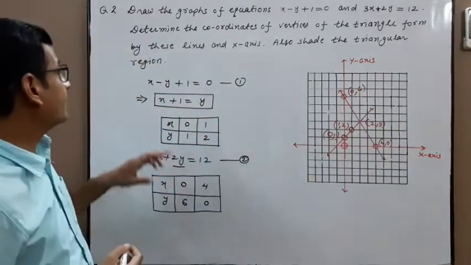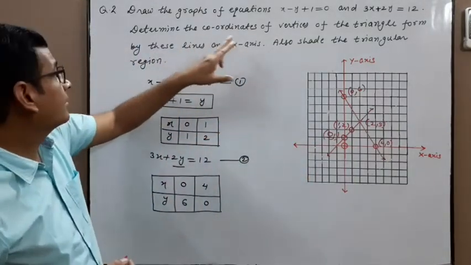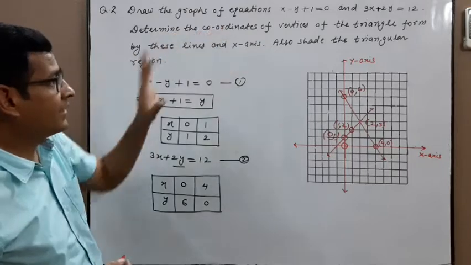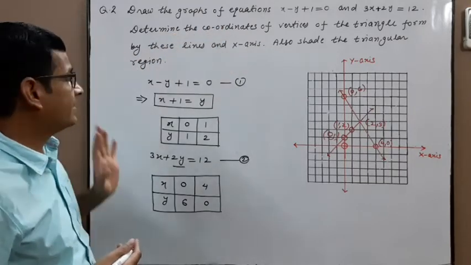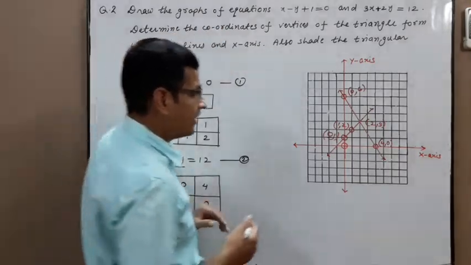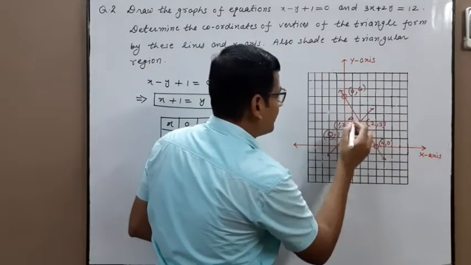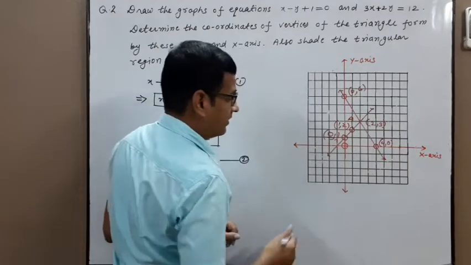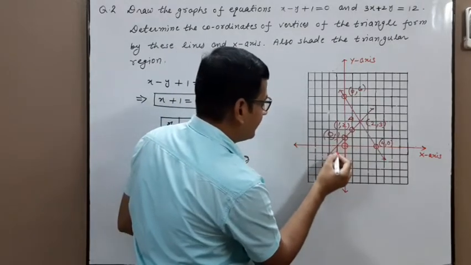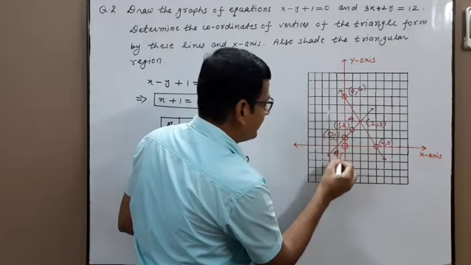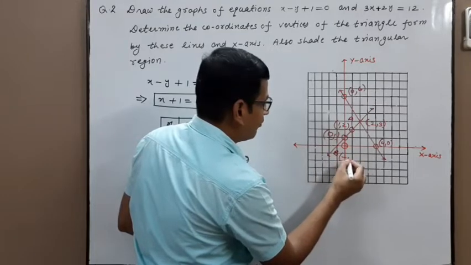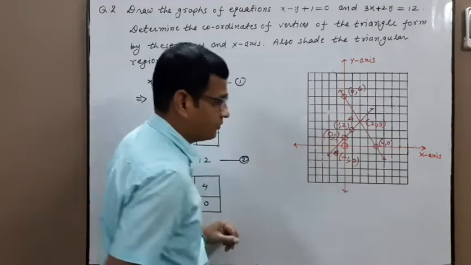The question is to determine the coordinates of the vertices of the triangle formed by these lines. So there are three vertices. Call them A, B and C. Coordinates of A are (2, 3). Coordinates of point B are (-1, 0).